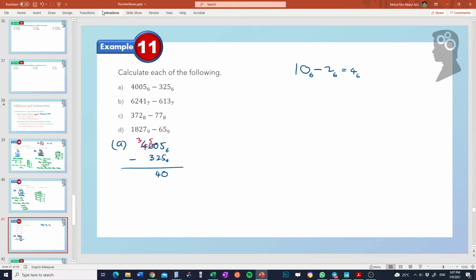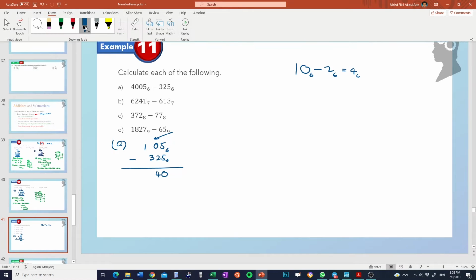Okay, this is the potential confusion. Okay. So becomes 4. Okay, let me buat slow sikit lah. Okay, on this side yang kita dah pinjam tadi tu, dia dah jadi 5. Okay, it used to be 0, sebab dia nak pinjam 1, dia tak cukup nilai.